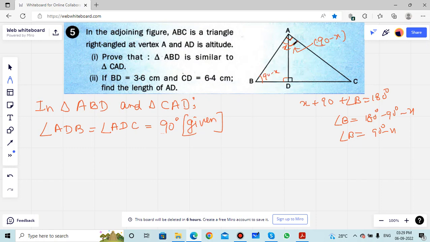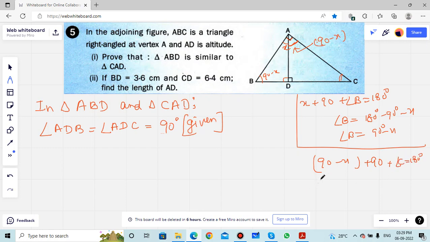Now coming to this one here, if this angle is 90 minus x, how much will this angle be? Do the same way. 90 minus x is one of the angles in the triangle ADC, this is 90, so plus 90 plus angle C should be equal to 180 degree, because of angle sum property.